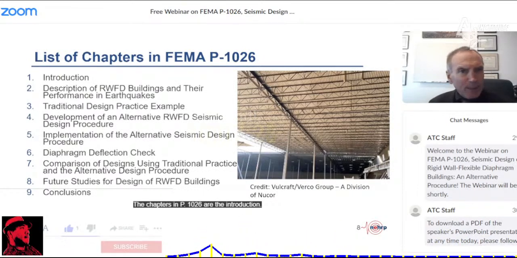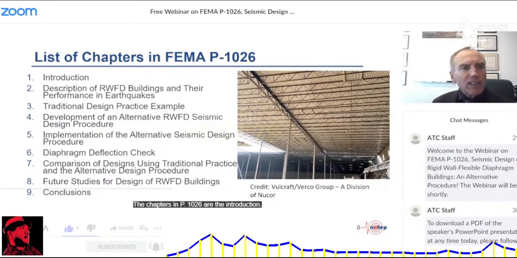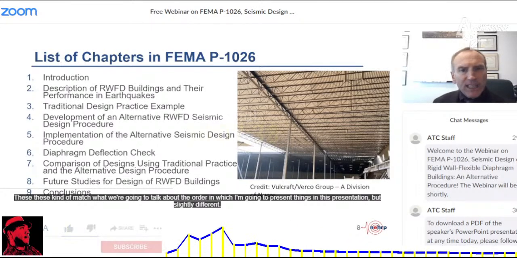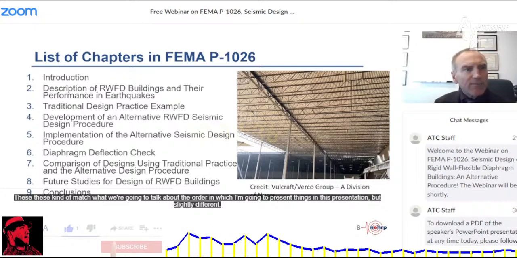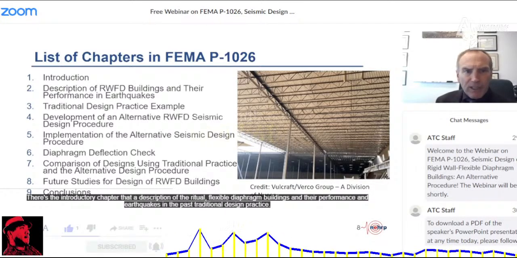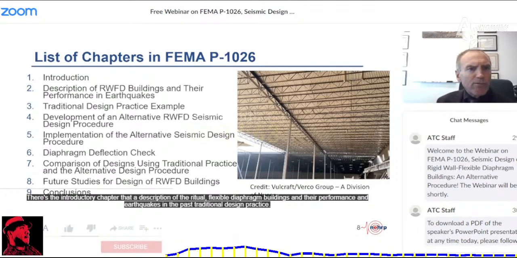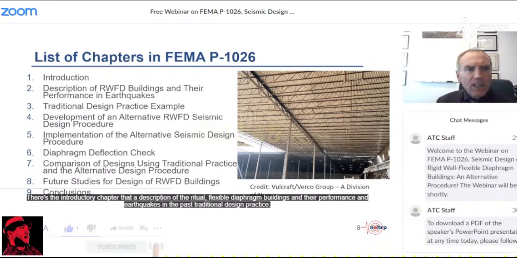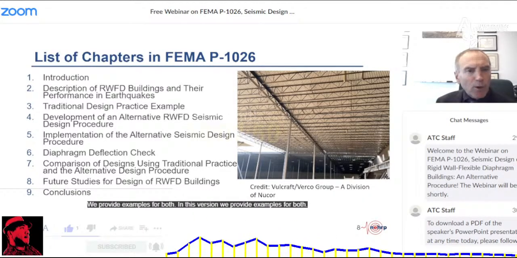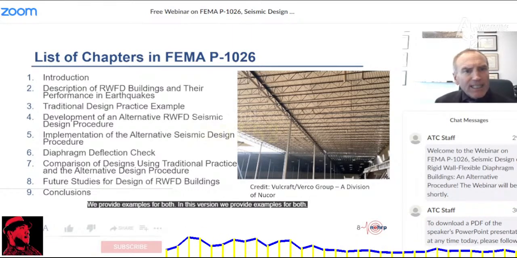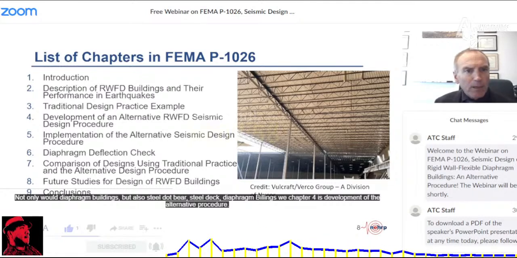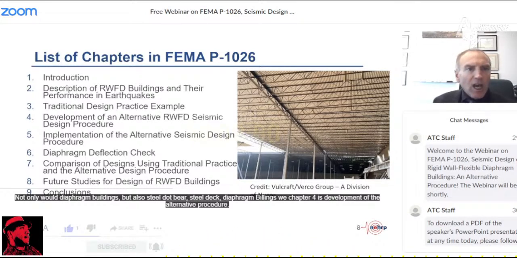The chapters in P-1026 are the introduction. These kind of match the order in which I'm going to present things in this presentation, but slightly different. There's the introductory chapter, then a description of the rigid wall flexible diaphragm buildings and their performance in earthquakes in the past. Then traditional design practice, where in this version we provide examples for not only wood diaphragm buildings, but also bare steel deck diaphragm buildings.